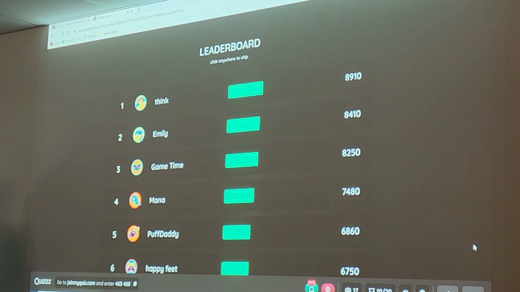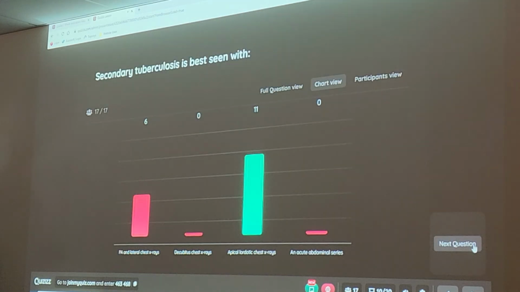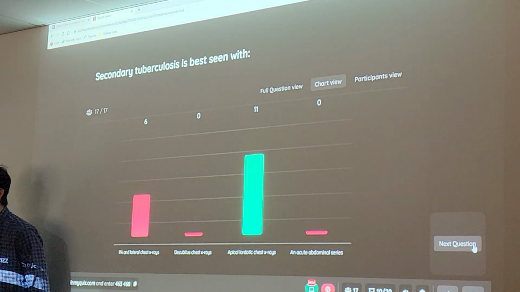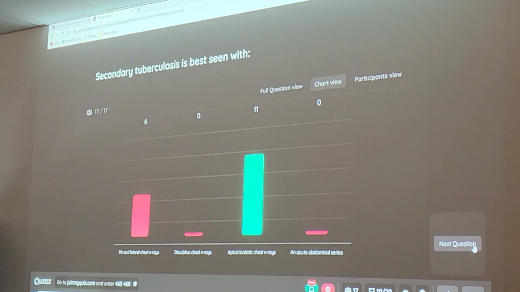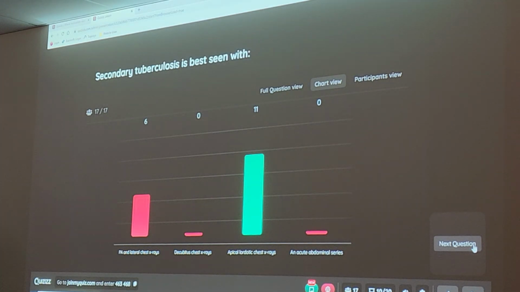Okay, very good. So, secondary tuberculosis, just like we said earlier, you have those bilateral lung calcifications in the upper lobes. So what do we do? We lean the patient back, flip those clavicles up, and look at those upper lobes without superimposition. So apical lordotic.